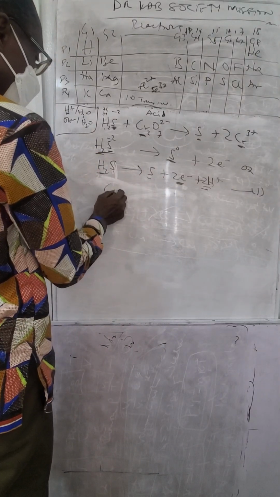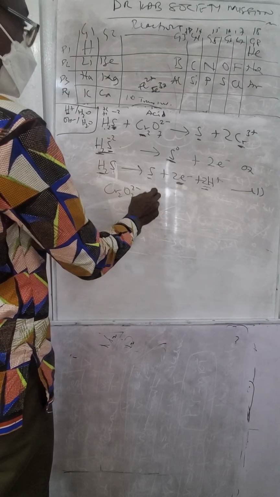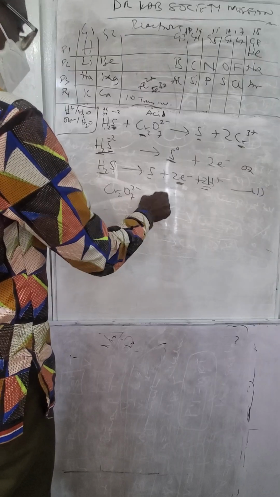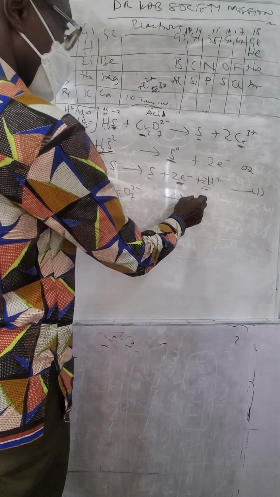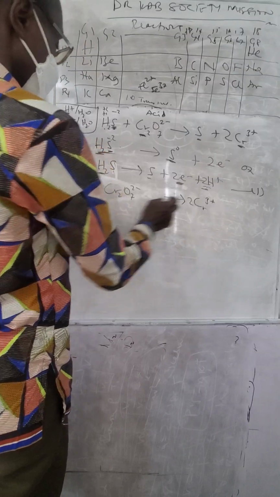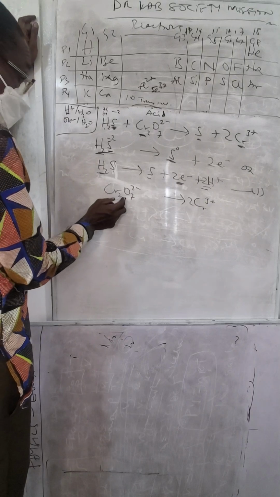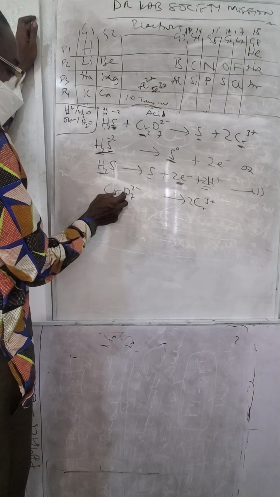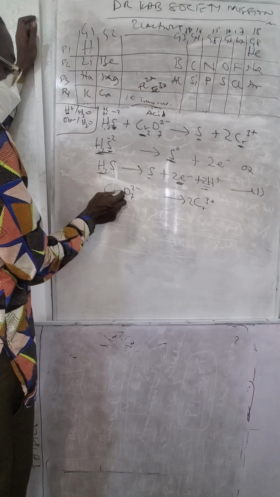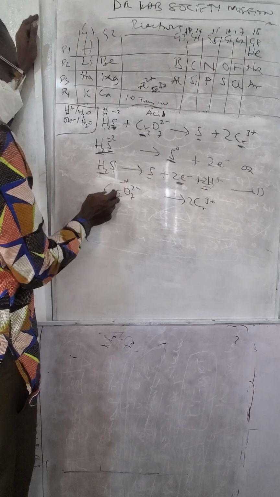Now let's look at the reduction part. It's Cr2O7 2 minus becoming Cr 3 plus. Let's see the charge of the chromium here. What you do is find the total charge. Oxygen is minus 2, so 7 times minus 2 becomes minus 14.